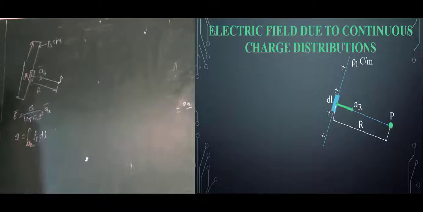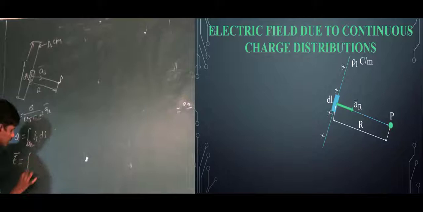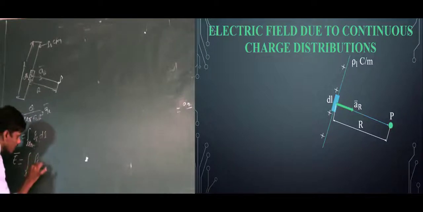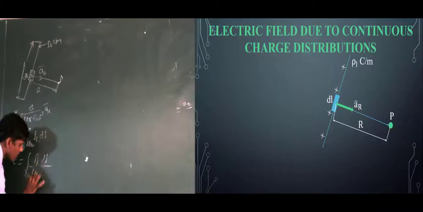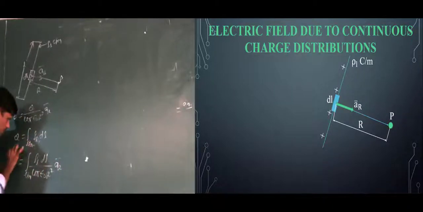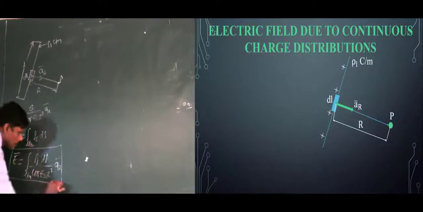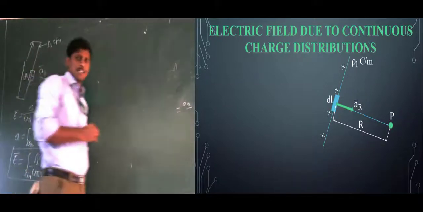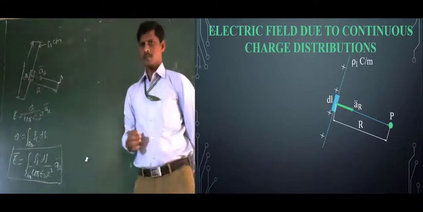Substituting this Q value into the above equation, we get the electric field intensity E bar equal to the line integral of rho L dl by 4 pi epsilon naught r square into AR. This is the equation of electric field intensity due to line charge distribution.